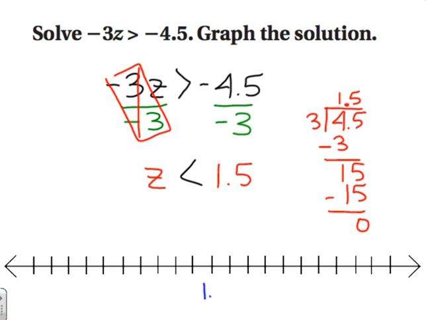So I'll do 1.5, 2, 2.5, and then going the other direction, 1, 0.5, 0. I'm skipping lines when I'm numbering just to give myself a little bit more space. Okay, this is going to be an open circle at 1 and 5/10. And since z is less than that amount, we're going to shade to the left right here.